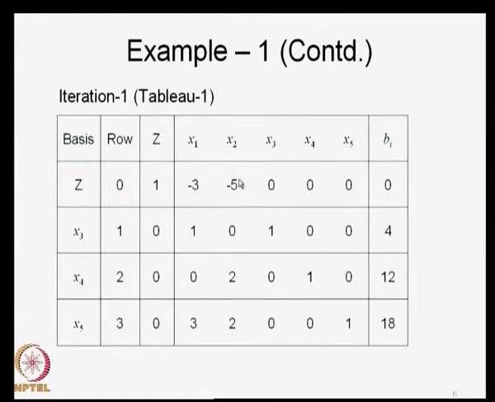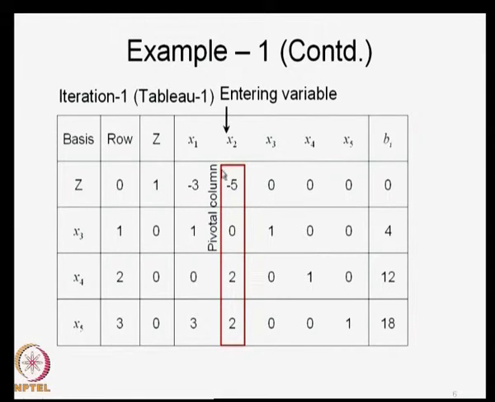We now identify x2 as having the highest negative coefficient in the z row, or the 0th row, and therefore this becomes the entering variable. We mark the corresponding column like this, and this is called a pivotal column. So, the column associated with the entering variable is called a pivotal column.